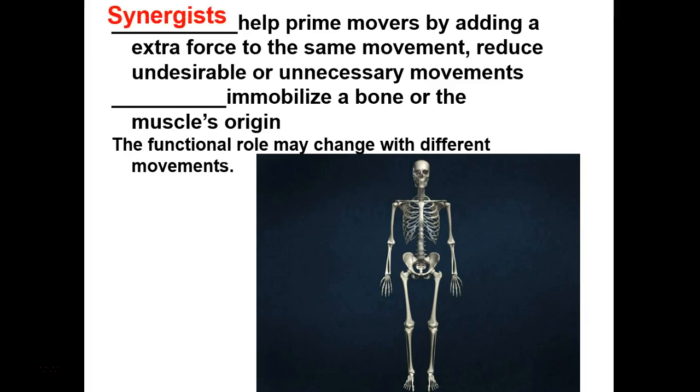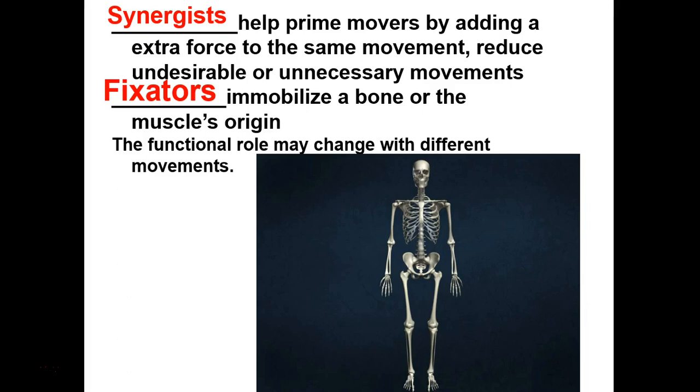Now also, if you can imagine, when you go to flex your arm, that origin has to stay still. If there weren't muscles holding your shoulder steady, then your shoulder would fall forward. So any muscle that immobilizes the origin, or the bone that's staying still, is called a fixator muscle. So a fixator actually is a synergist because it helps, but it helps specifically by immobilizing a bone or the muscle's origin.